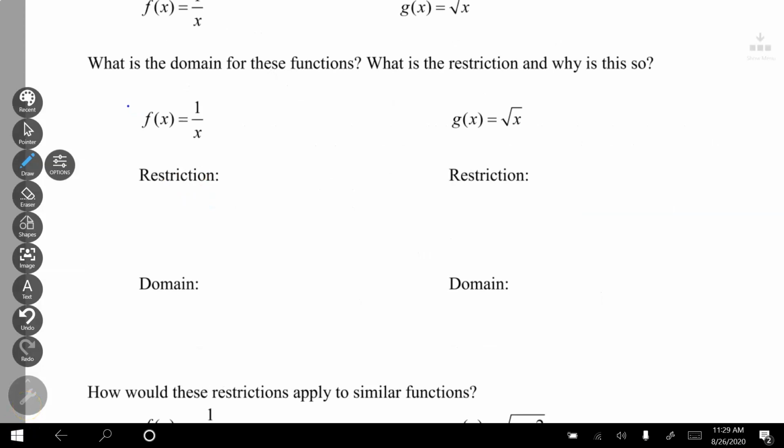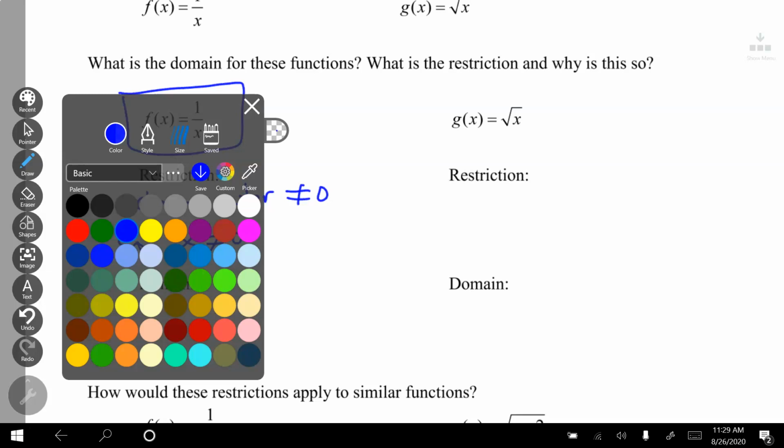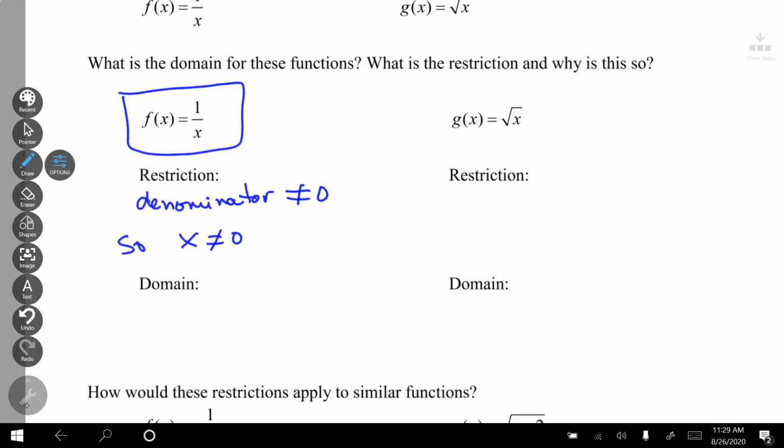So for this first function, 1 over x, my restriction is that the denominator cannot equal 0. So in this case, x cannot equal 0. So I need to remove it from the domain.